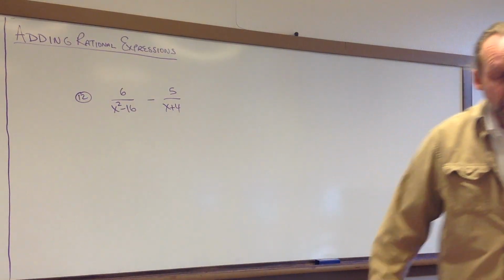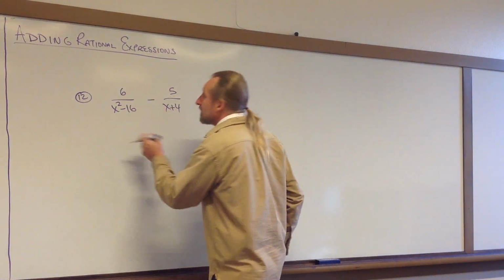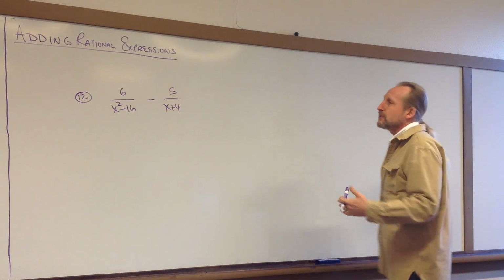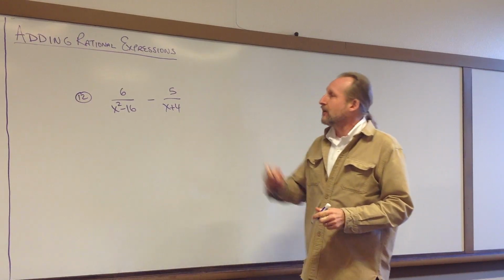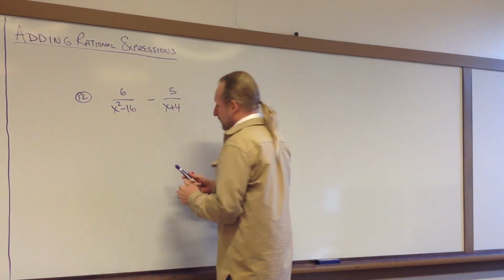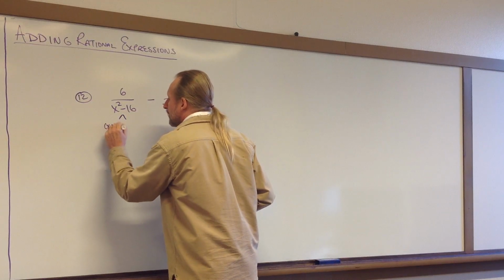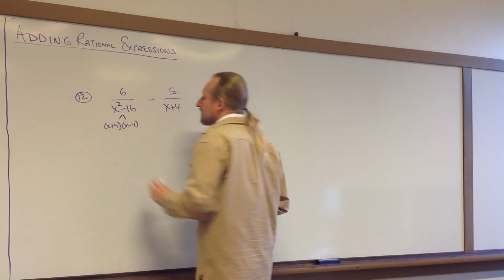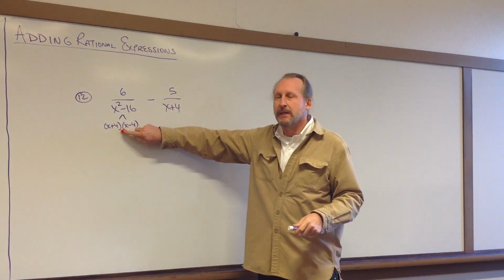Okay, so in those other problems I've said a couple times, both the denominators are prime. And that's why we just multiply them together to get a common denominator. Now in this case, this denominator is prime, but this one is factorable. Okay? And this one factors as x plus 4 times x minus 4. So this is going to be our common denominator.